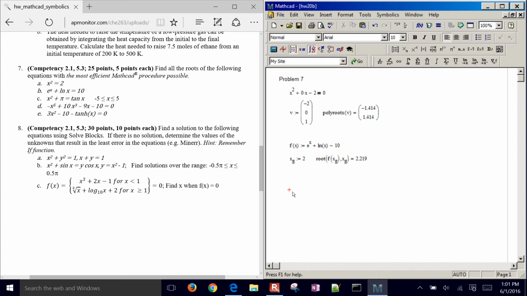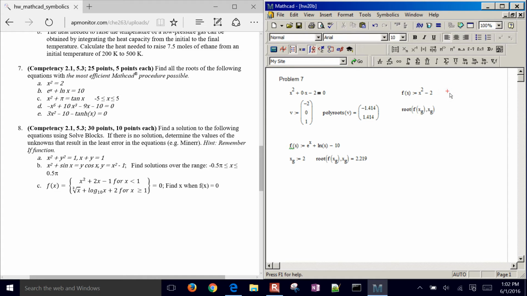If you change the guess value and have multiple roots, then you might be able to come up with the other one. Let's try that on the first one here, f of x equals x squared minus 2. If I use root f of x with a guess, it should give me an error.